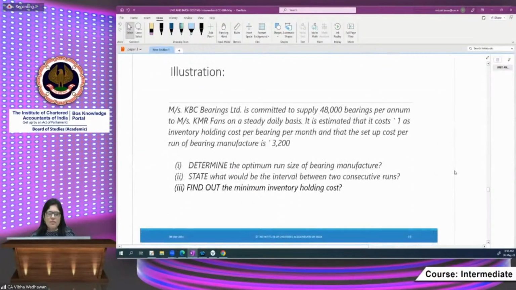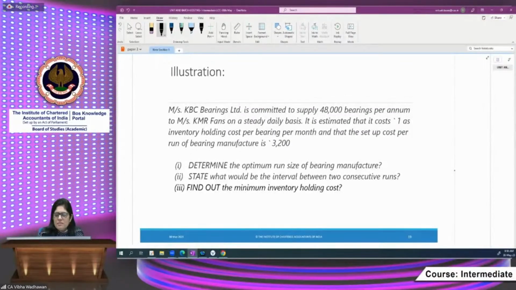Okay, so we have this one illustration. Take a note of this illustration, please. So students, can you calculate the optimum run size?